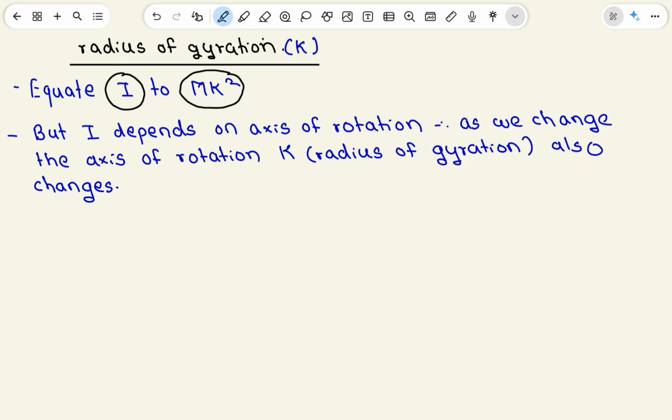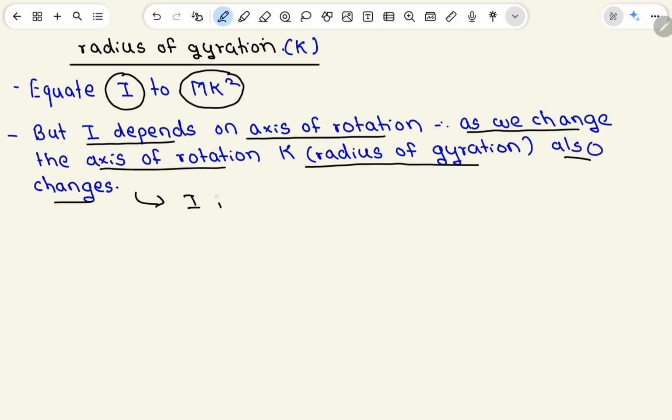But an important point to note over here is that, as I said, to find out the moment of inertia, we require a body and an axis of rotation. So what happens when the axis of rotation changes? We know it depends on axis of rotation. Therefore, as we change the axis of rotation, the radius of gyration also changes because I itself changes.